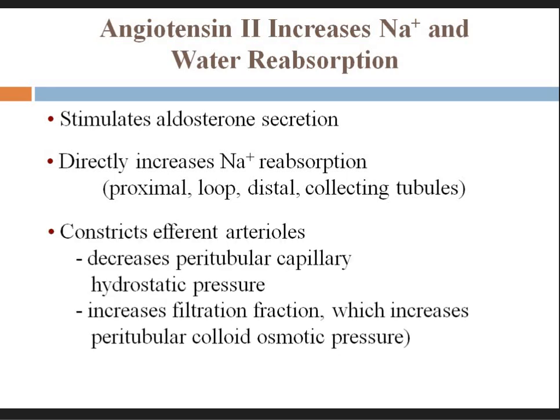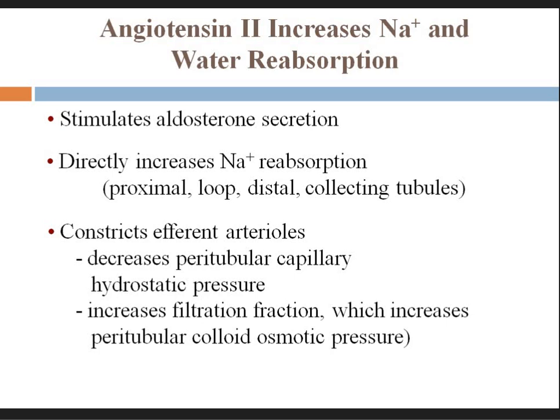It constricts efferent arterioles. This we had studied in the lecture of GFR, how angiotensin II has a preferential role on efferent arterioles, causing its constriction. And once the efferent arterioles get constricted, it decreases peritubular capillary hydrostatic pressure, because now very less amount of blood is flowing to the peritubular capillaries. So there will be decreased hydrostatic pressure in the peritubular capillaries.